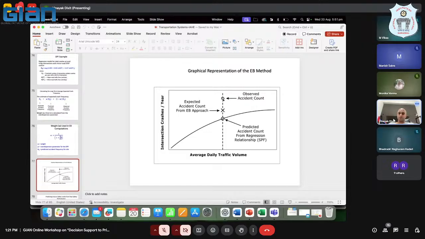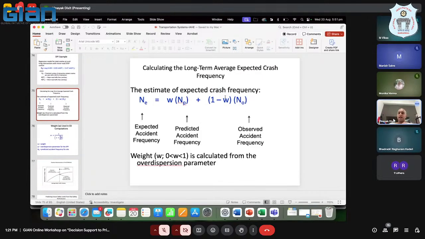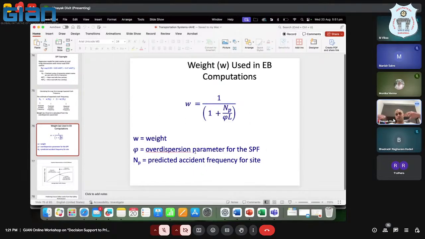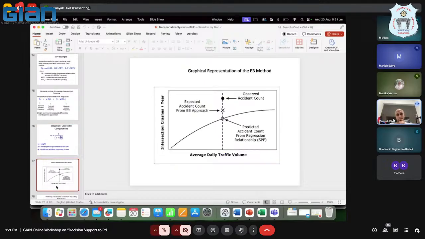You observe something on the actual run. So what is your expected? You take a weighted average of that, and the weighting is based on the fact that there is over dispersion in your data.